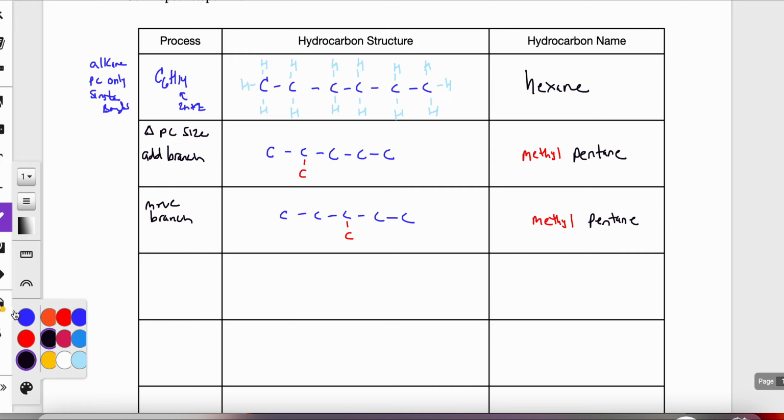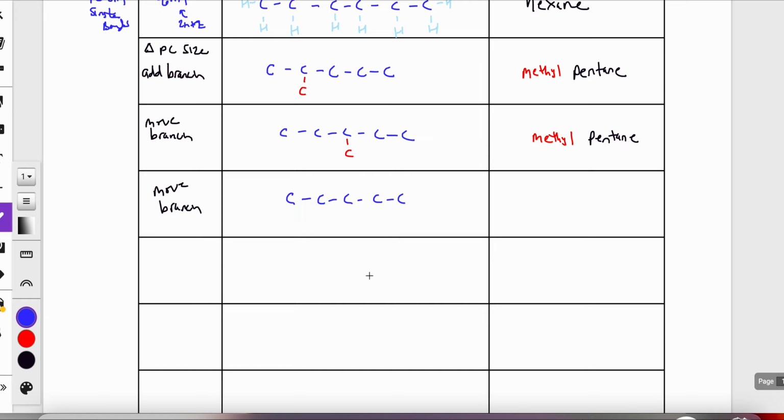There's still another interior carbon, so I am going to move the branch again. I'm going to keep my 5-carbon parent chain and add my branch 1 more position to the right. Once again, my parent chain is still 5 carbons, and I have a 1-carbon branch, so I still have a methylpentane.